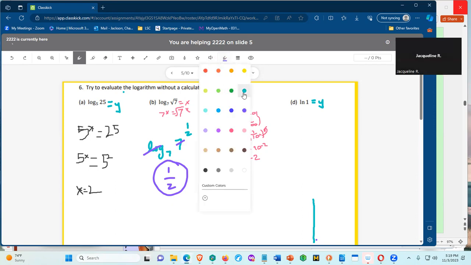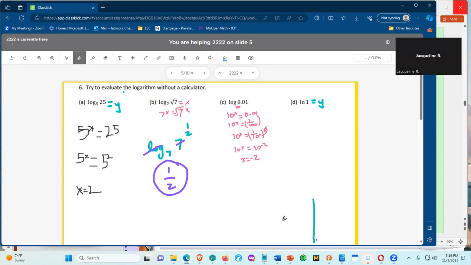Or would it be 0, because anything to the power of 0 will equal 1? That's right.